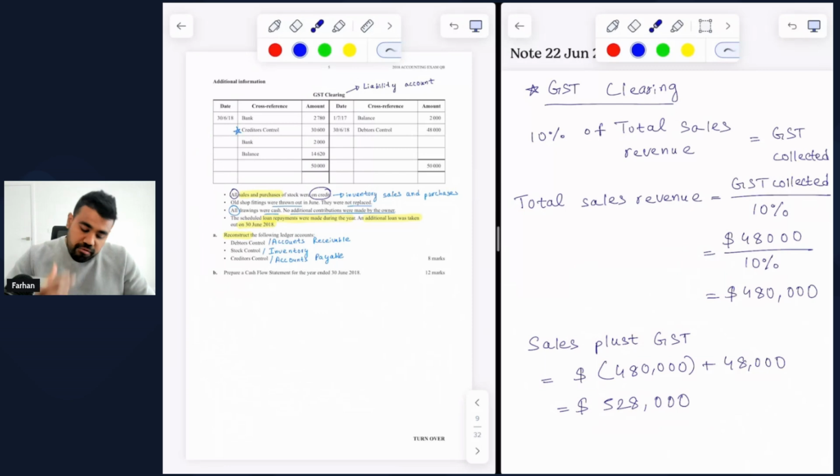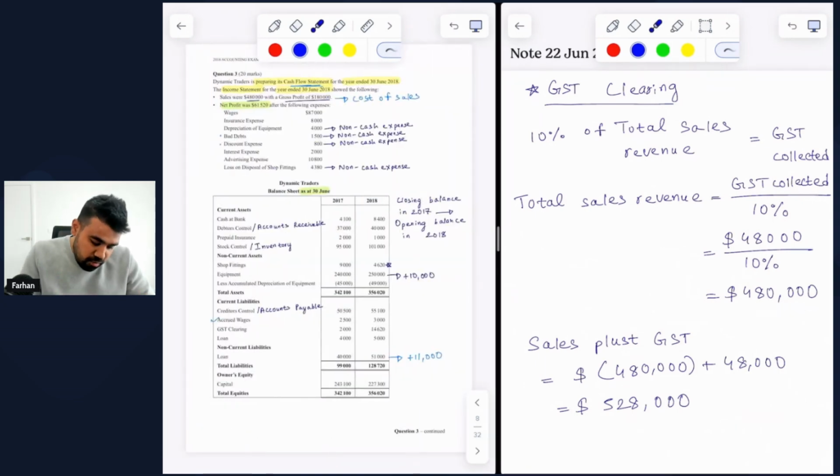So we have found the total sales revenue to be 480,000, and based on the additional information that's given to us, we can confidently say that all the sales were on credit. And you can also validate this $480,000 that we have just derived from the very first few lines of the question, where it explicitly mentions that sales were 480,000.